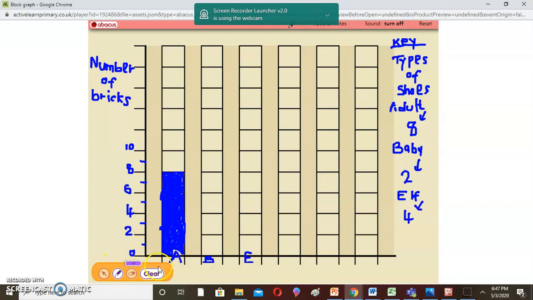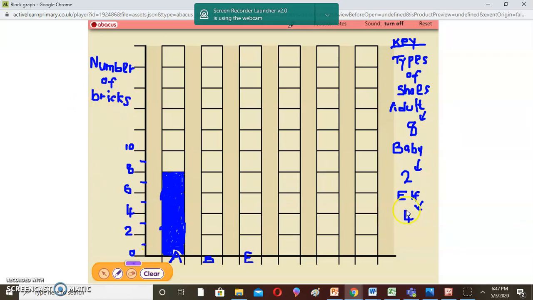Now this line that moves across represents the types of shoes. I have even written here the key for the types of shoes. Adults weigh 8 kilograms, then the baby will weigh 2, and the elf weighs 4. The number of bricks will represent kilograms.